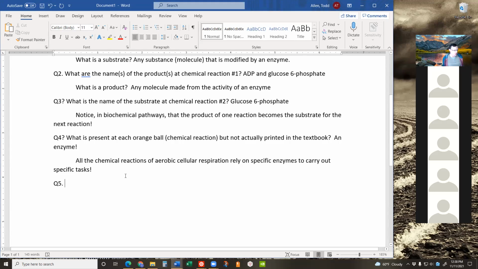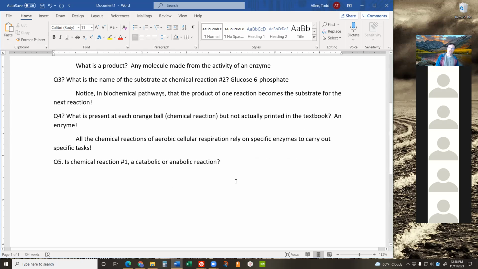So in figure 5.12, Brianna, is chemical reaction number 1 a catabolic reaction or an anabolic reaction? Give me 1 second to look at it. Okay. All right. So I'm just going to read the question again as Brianna gets a chance to get her thoughts together.